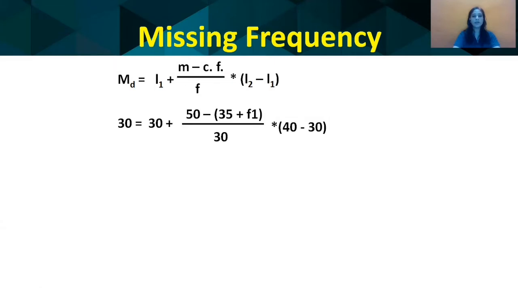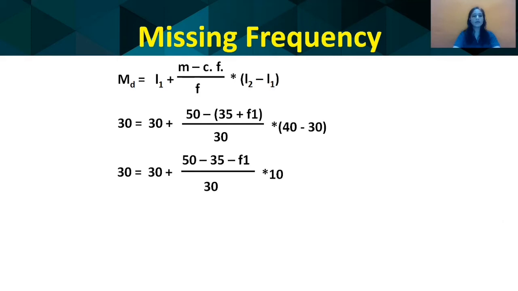Here we will remove the brackets, and after removing the brackets, the signs of the 35 and the F1 will reverse. So it would be now 30 equals 30 plus (50 minus 35 minus F1) divided by 30 into (40 minus 30, which will give us 10).